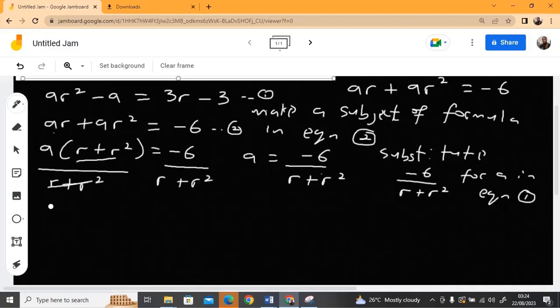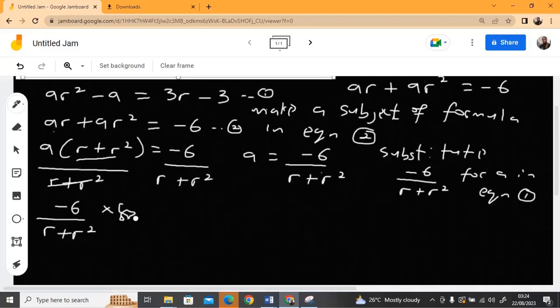So the first one, we have AR squared. That A will now be minus 6 over R plus R squared, times R squared, right? The reason why I put this thing as the last one.